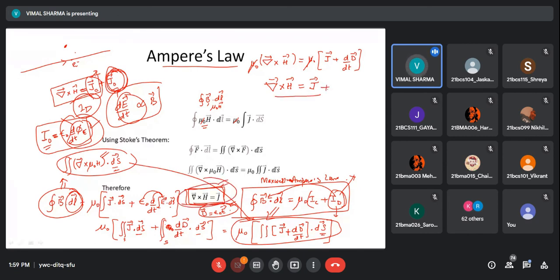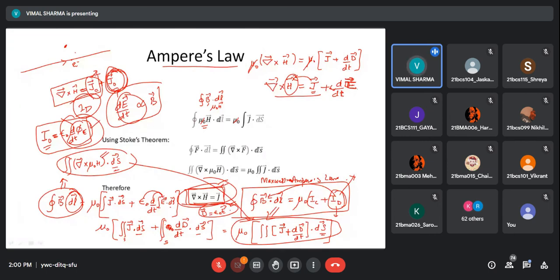But if I add this term to Ampere's law, this is the time derivative of the electric field. D is related to the electric field, so let me write it as epsilon naught times E. So magnetic field is produced by this, that is current flowing in a wire, conduction current due to charge carriers.